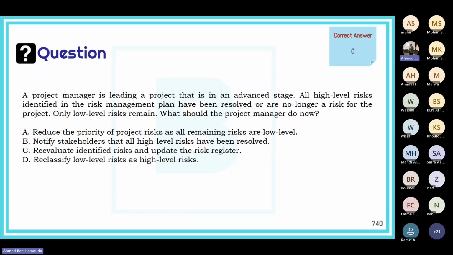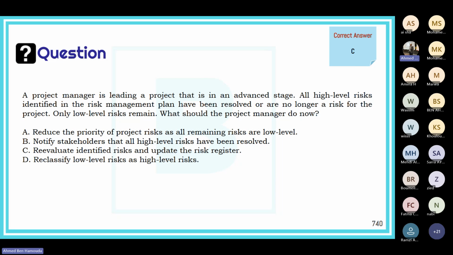Okay. Once you have dealt with your high level risks, you need to go back to your risk register, even though I advised you earlier not to forget about them, actually to keep monitoring them. But here you don't want to reduce their priority and make them low level.